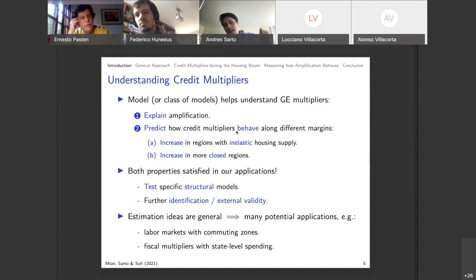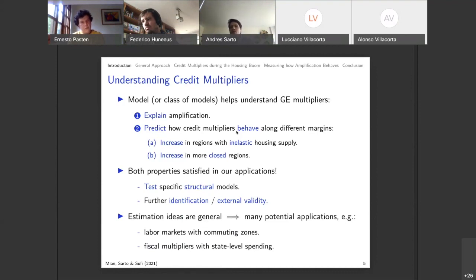So as I was saying, the estimation ideas are probably general. This is where we don't go full in, but we try to hint at these other potential applications. If you think about labor markets, with commuting zones, and you think about workers or firms, that's going to be very similar to our regional variation with banks at the micro level.